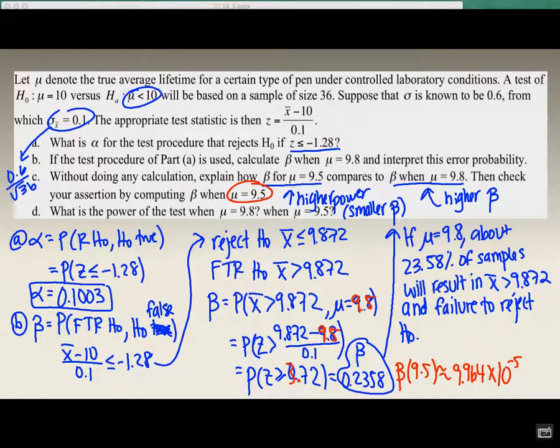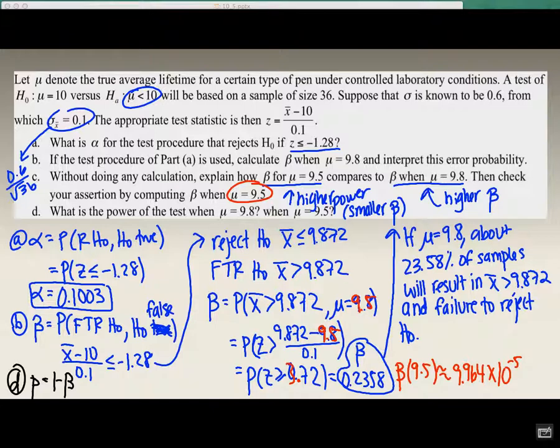Guys with me so far? Yeah? So last thing, part D asks us what is the power of the test. Power is going to be 1 minus beta.